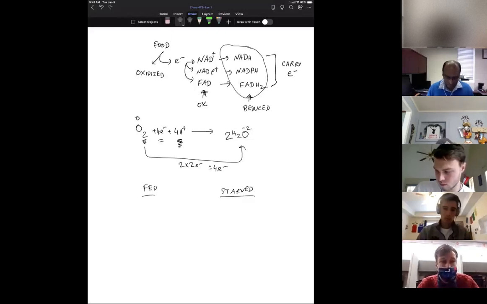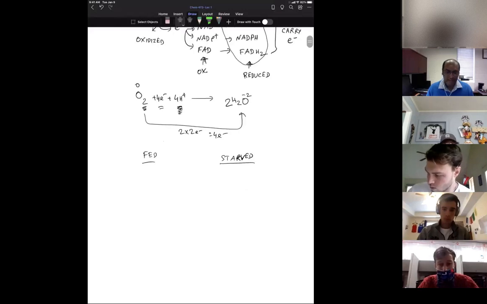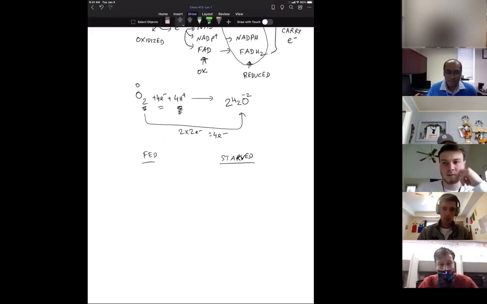Okay, so right after breakfast we are full, and so we are fed. Then the signal that the body gets is that, okay, I have food, I need to find a way to store it. First make ATP, and then the excess food we're going to store. And no matter what type of food you eat, carb or protein or fat, everything goes to fat.